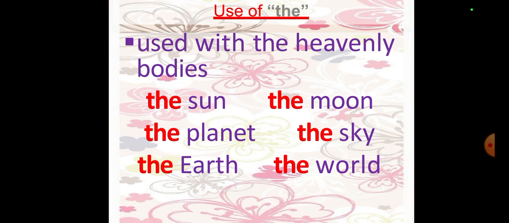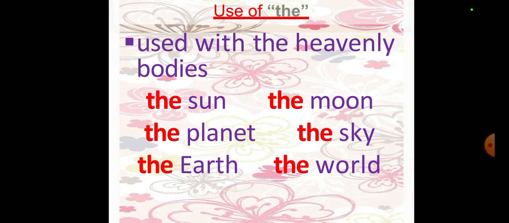But with countries or cities, we don't say "the Lahore", "the Karachi", "the Islamabad", "the Quetta". We say Quetta, Islamabad, Karachi, Lahore. In countries, we don't say "the Turkey" or "the Pakistan", "the Australia".